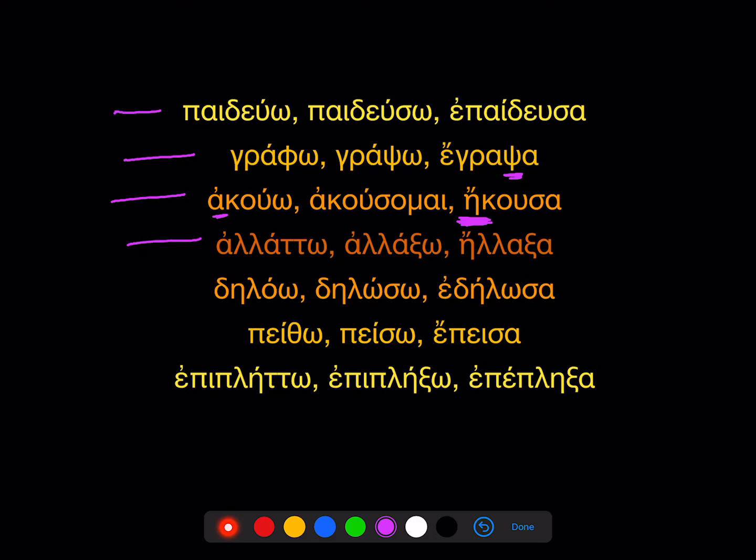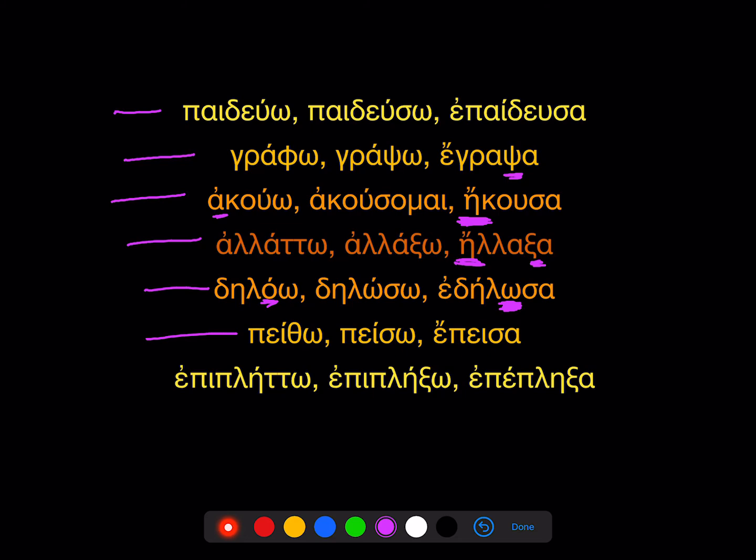Ágo, áxo, êxa, with a xi and also with this temporal rather than syllabic augment. Deloo, deloso, edelosa. Okay, notice that lengthened omicron becomes an omega there.